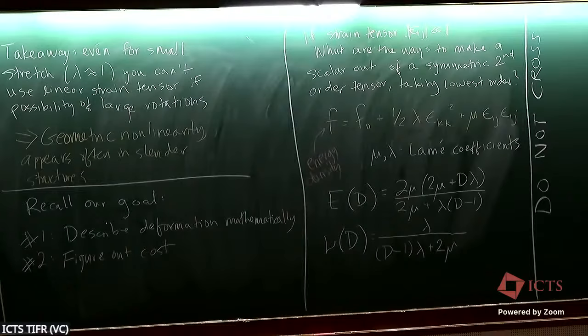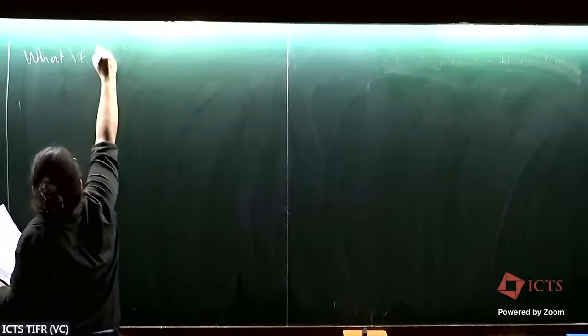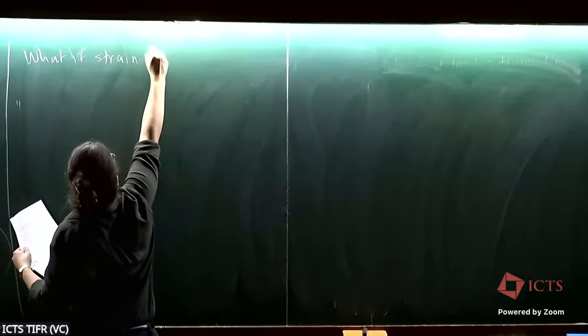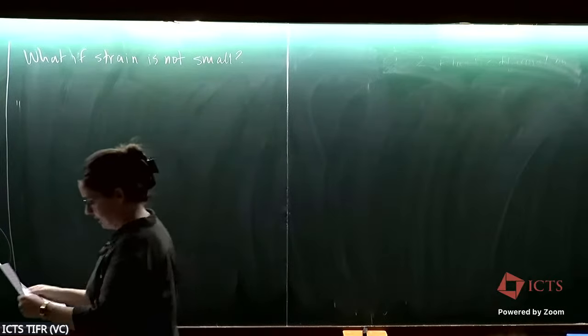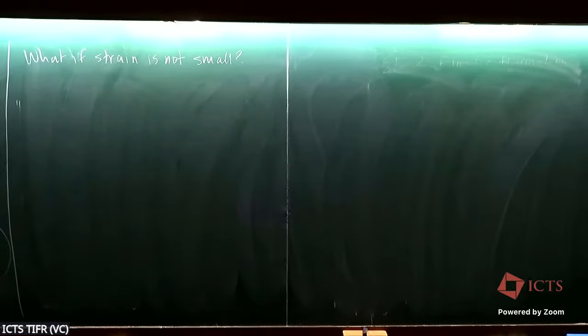So we use the same approach if the strain is not small. What if the strain is not small? Then we need a different kind of nonlinearity called a material nonlinearity.